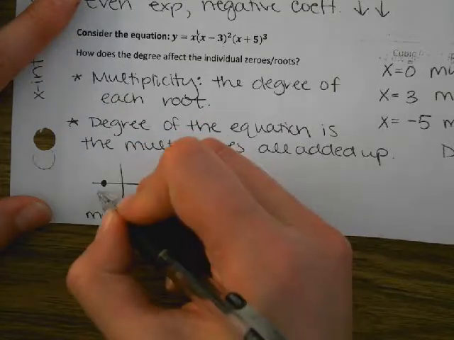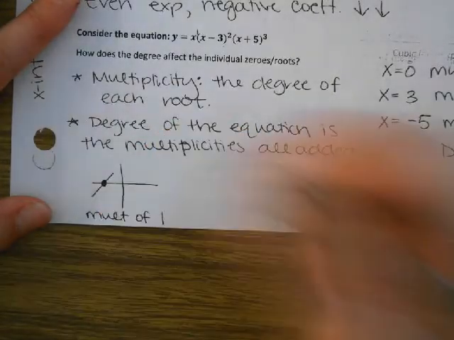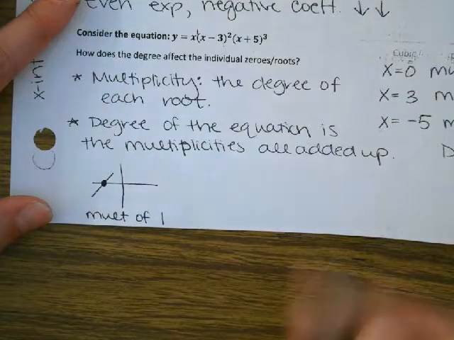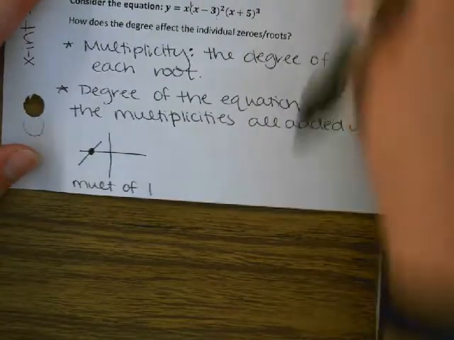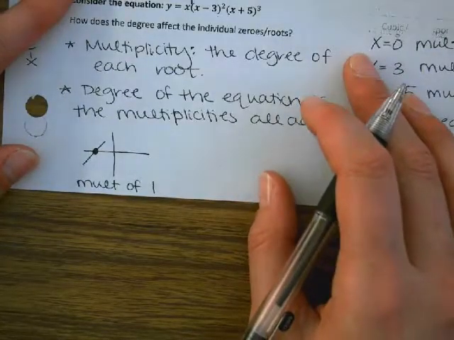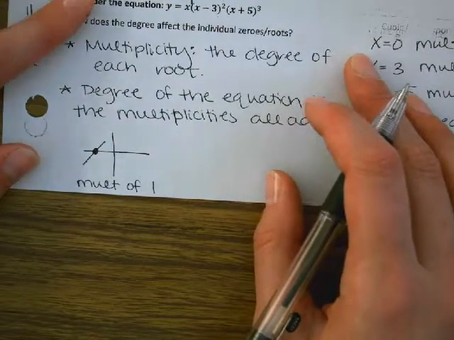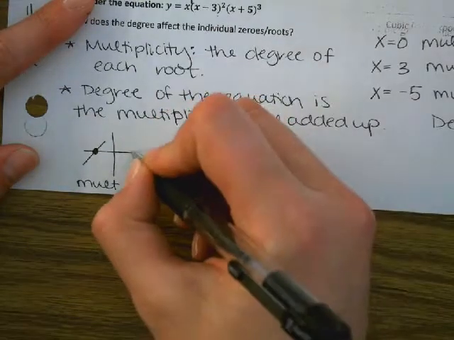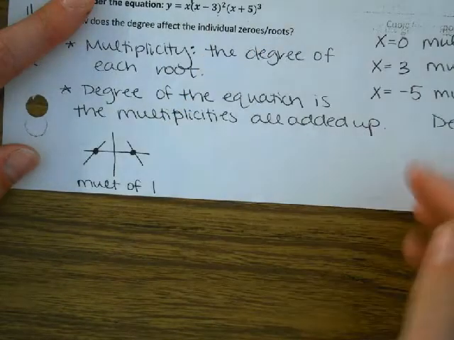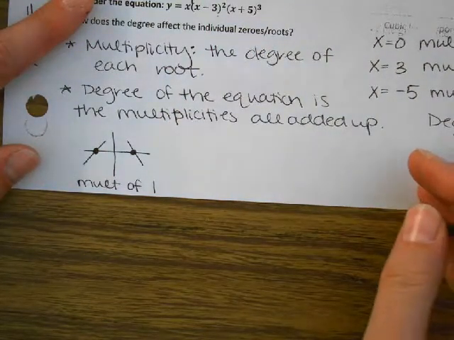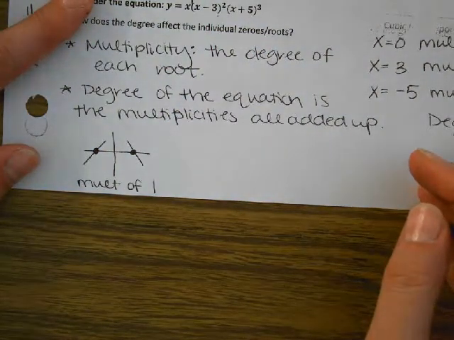And so we would say at that x-intercept, it would go straight through the x-intercept. That's what a multiplicity of 1 looks like. So if you zoomed in on the graph and just looked at what was happening at that one x-intercept, you'd see the line going straight through. Now lines don't always go straight through slanted up. Sometimes they go straight through slanted down. And overall, that's all considered multiplicity of 1.